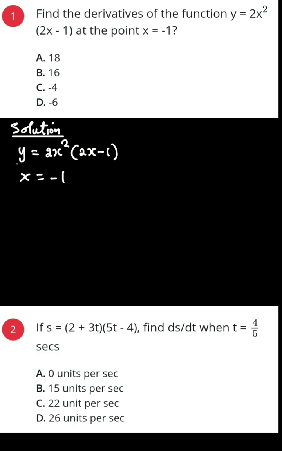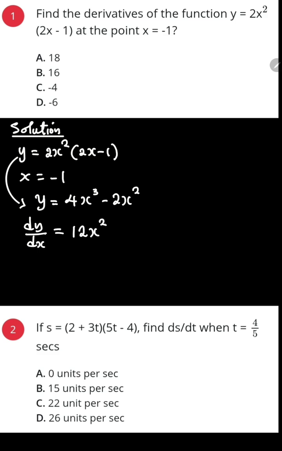All right. So what I'm going to do is pick this one and expand it, so that y equals 4x raised to power 3 minus 2x squared. Now I'm going to find the derivative, or the gradient, which is going to be 12x squared minus 4x. I've taught you how to do that in my previous video, so I don't have an issue with that. Now remember, it is at the point x equals minus 1.